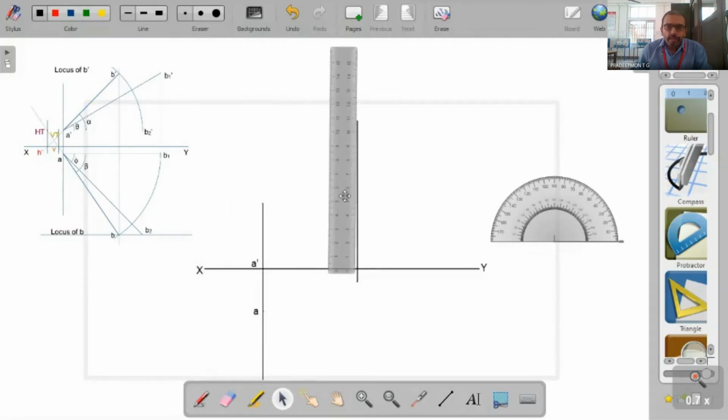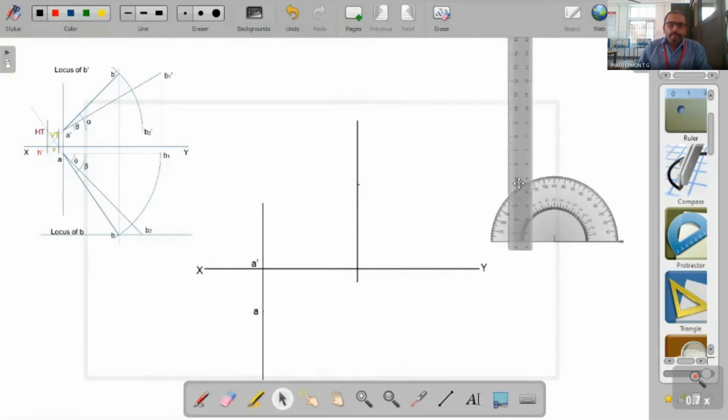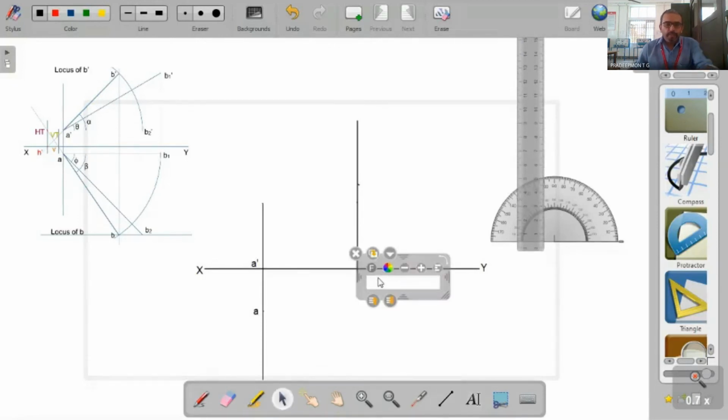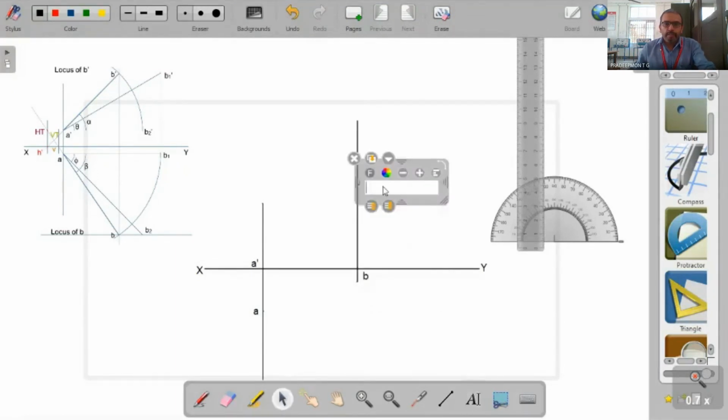So you mark a distance of 60 millimeter above this one. Here is point B, and here is the point B dash.